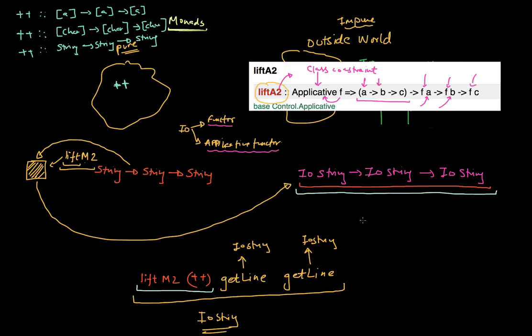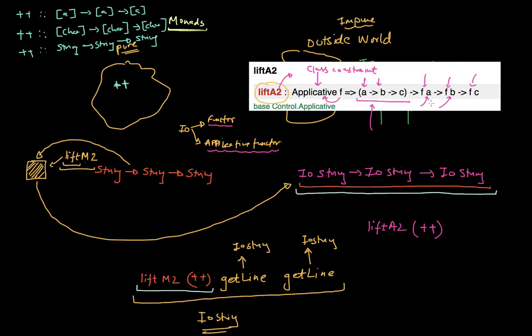So the way I would do that is I would say liftA2, and I need to pass in this method that takes in these two arguments and gives you back some kind of an output, and that method over here is my concatenation method, plus plus.